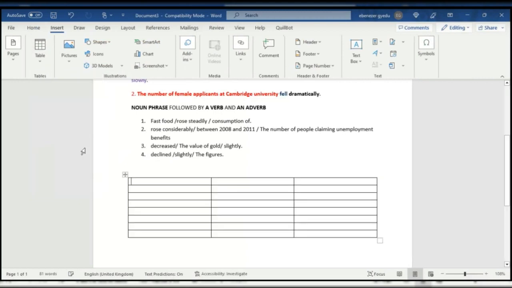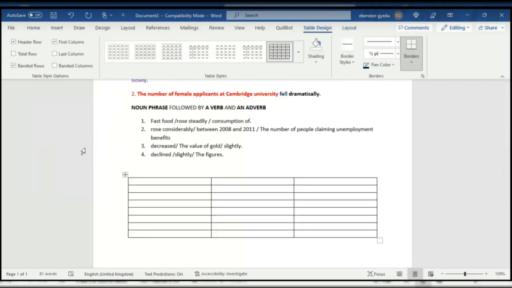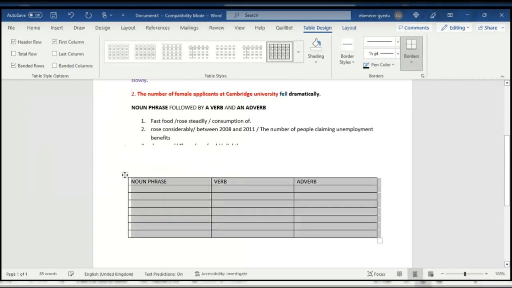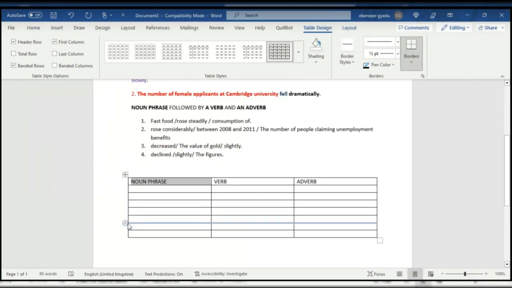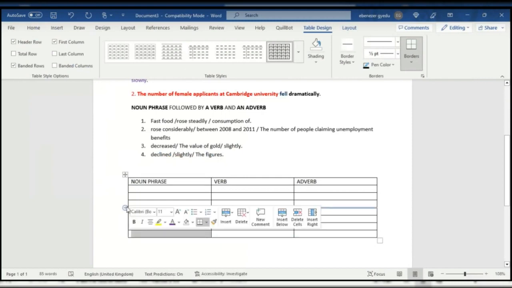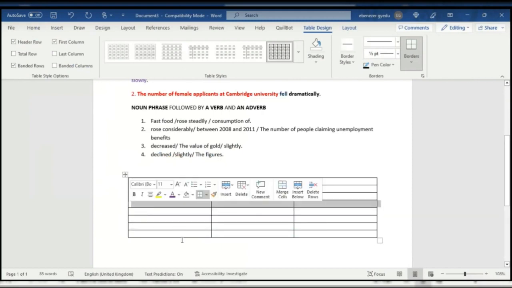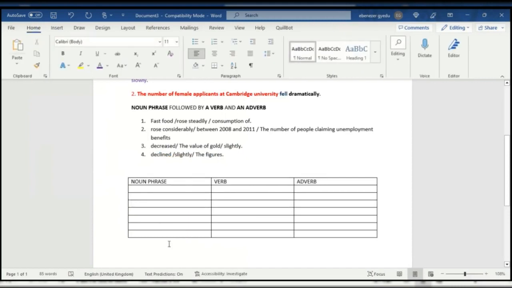I would like you to form your own sentences, 10 different sentences, using the same sentence structure: a noun phrase, a verb, an adverb. I need you to write several sentences and divide them.